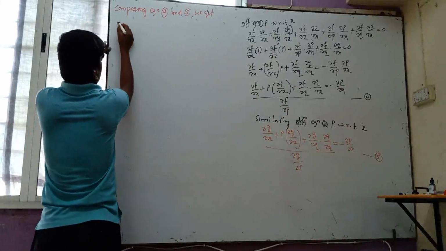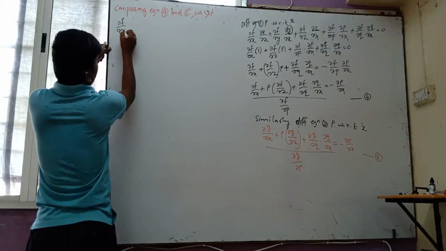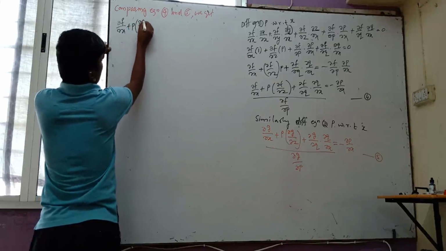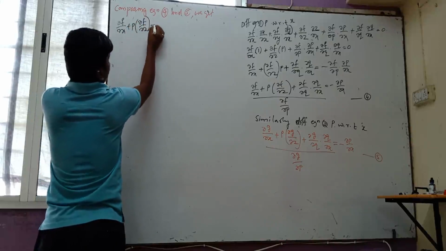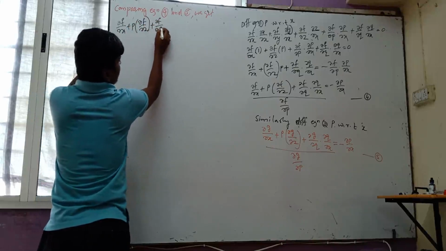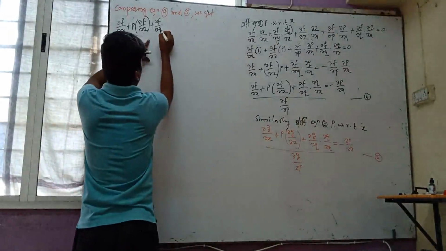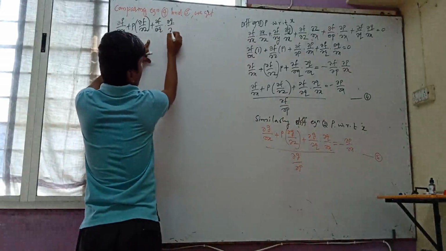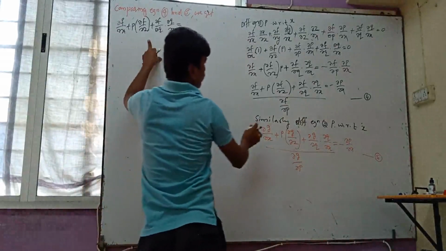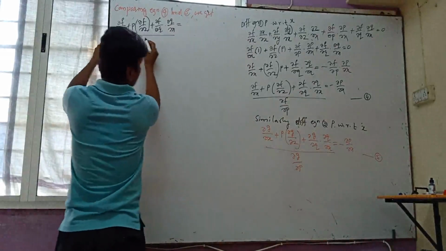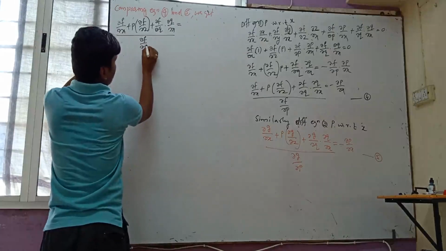So I will get ∂f/∂x plus p into ∂f/∂z plus ∂f/∂q into ∂q/∂x, divided by ∂f/∂p.